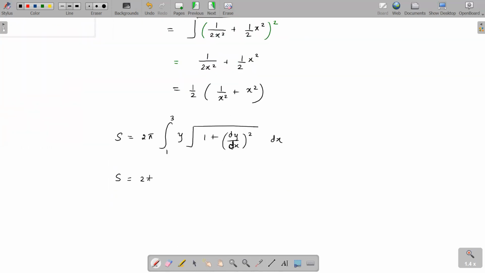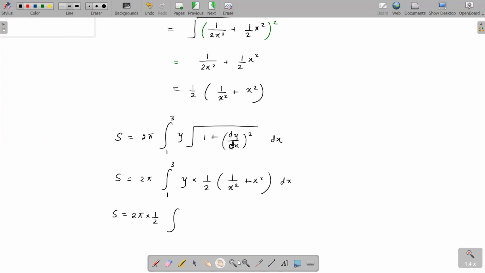S equals 2 pi integral, limits from 1 to 3, y times the answer here, which is half of 1 over x square plus x square, with respect to x. Here you can't leave y just like that, you need to input it, and we can take the half out. So 2 pi into half integral.